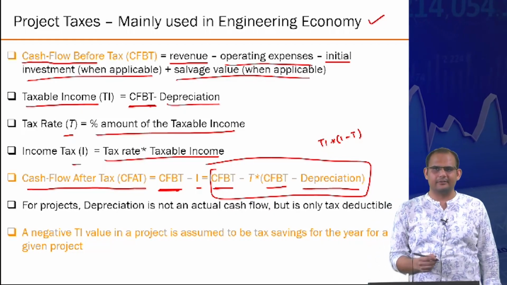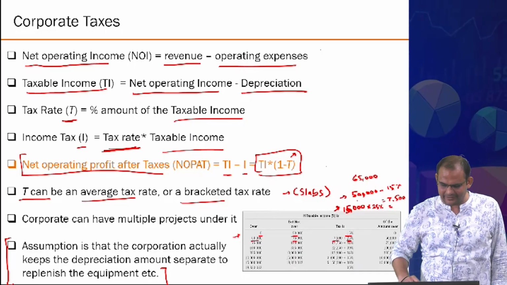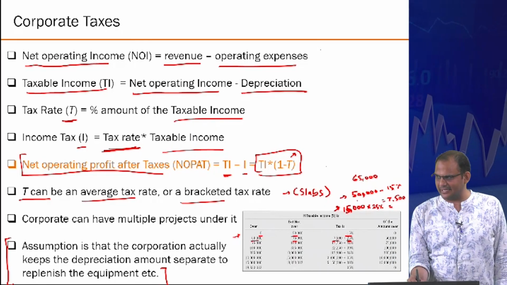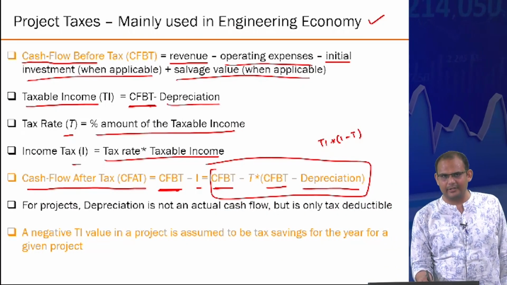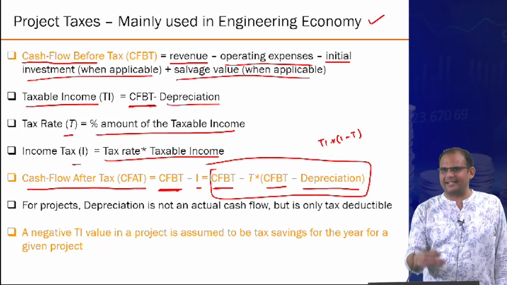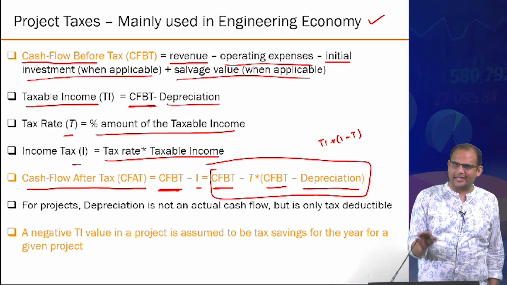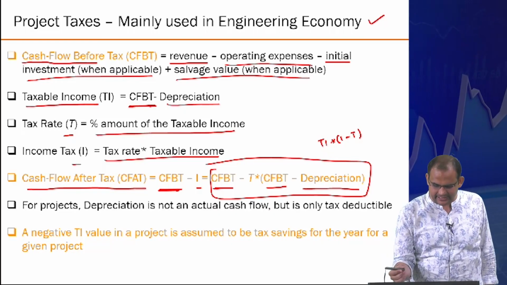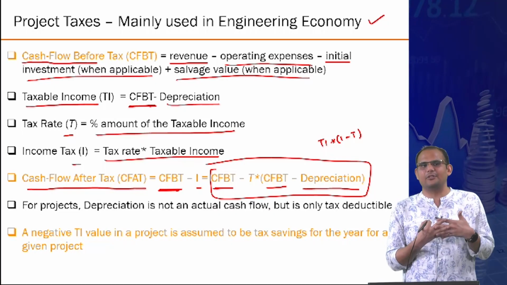Where do you think this difference is coming from? Basically, here you are subtracting from TI minus I, but here you are subtracting from cash flow before taxation minus I. You are not subtracting from taxable income minus I. Got the idea? Why the difference in terms is coming? This essentially tells you that in our case, depreciation is not an actual cash flow.